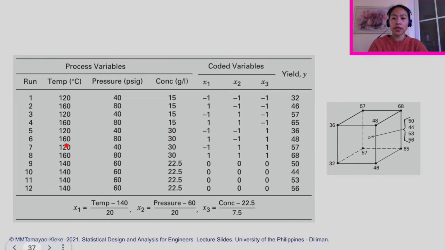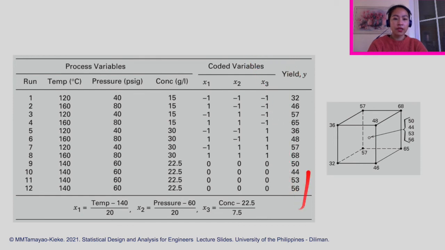So as you can see, we have here the process variables: temperature, pressure, and concentration. And these are the observed values for the 12 runs. And then we have the coded variables here, and these are the relationship between the coded and the natural values of the variables.